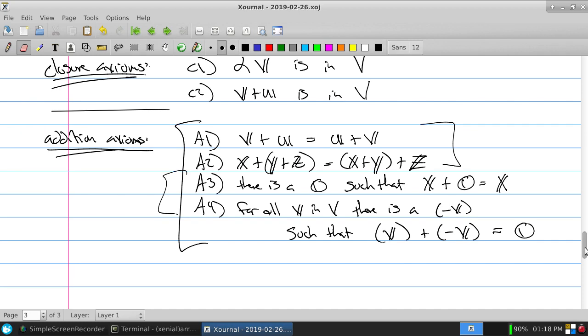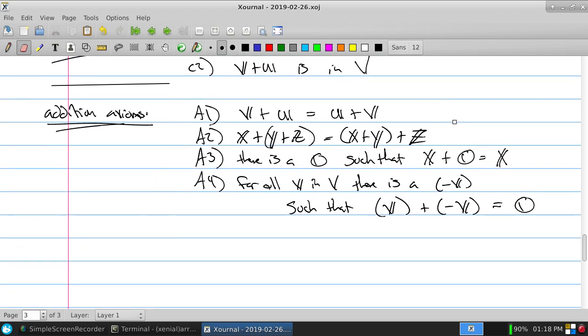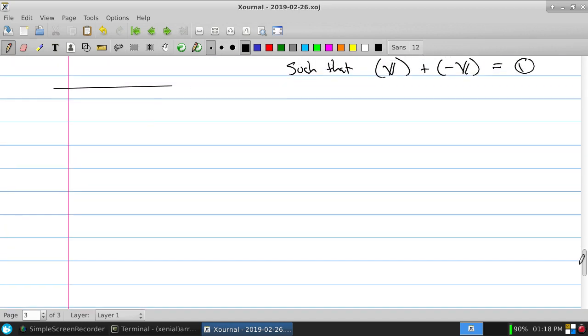All right, and then the next four. These first four are the addition axioms. The next four are going to be based upon the scalar multiplication axioms. So this will be A5, A6, A7, A8.